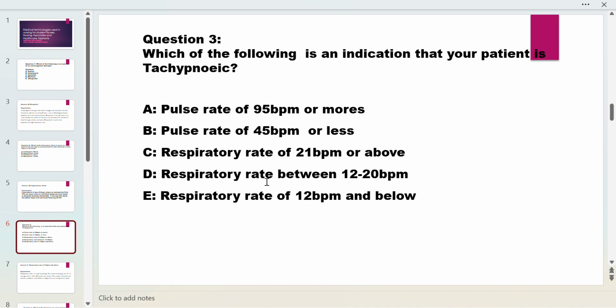D, respiratory rate between 12 to 20 breaths per minute. E, respiratory rate of 12 breaths per minute and below. Okay.